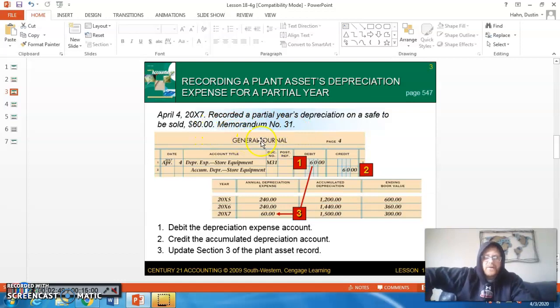Since it's a memo, you're working in your general journal. Here is where the $60 is, the safe to be sold for $60. Your depreciation and your accumulated depreciation, that's saved as store equipment. And then right here it says your $60 and $60.